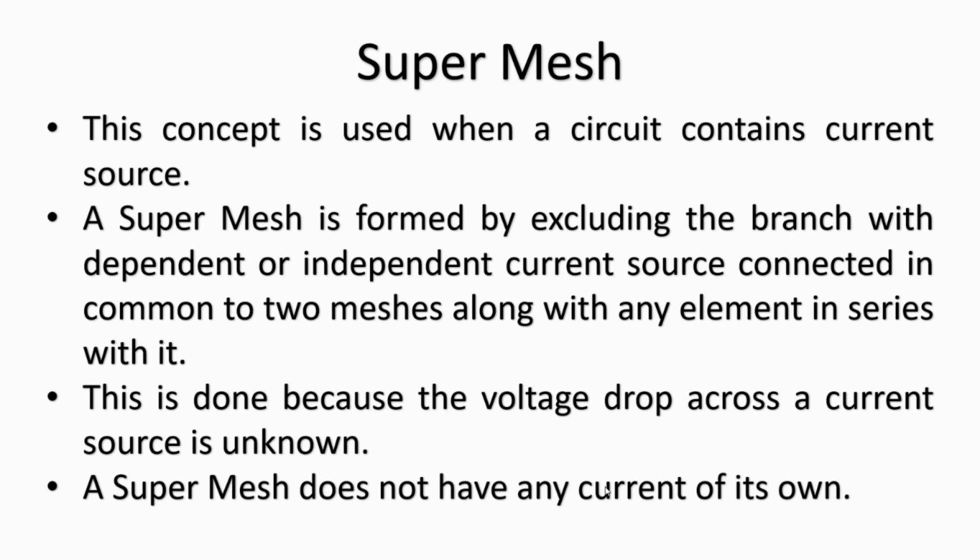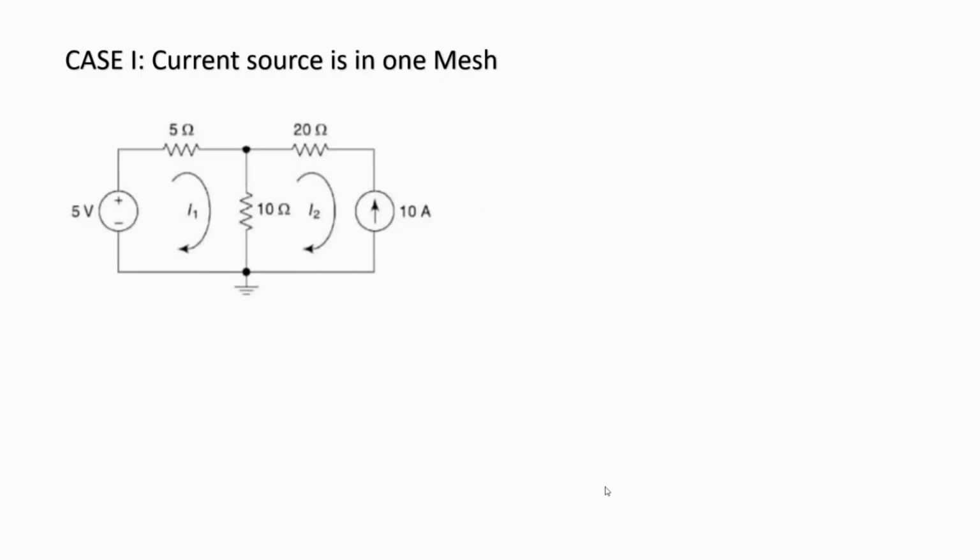So, let's look at some example problems in order to understand the concept of supermesh a little better. Let's look at this first case. In this case, we do have a current source which is available in one of the meshes. We've already done one such problem in the previous video.